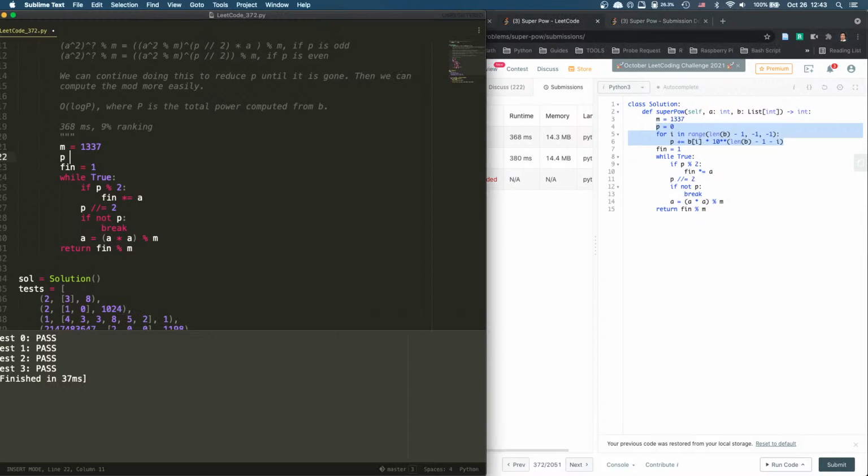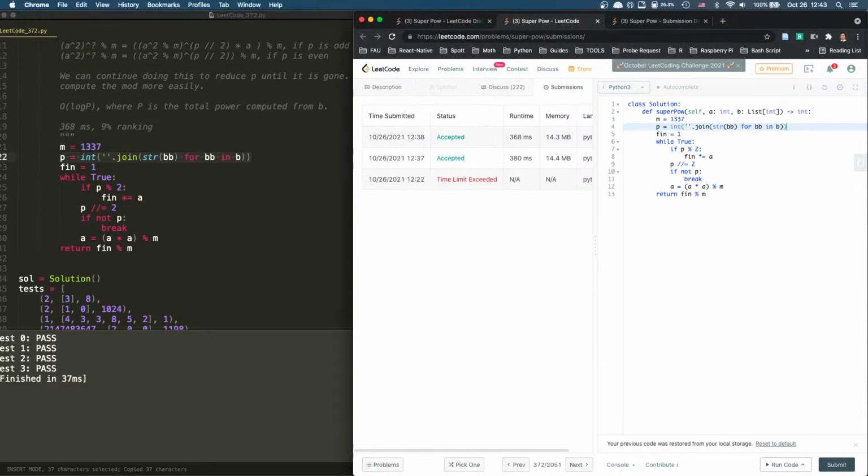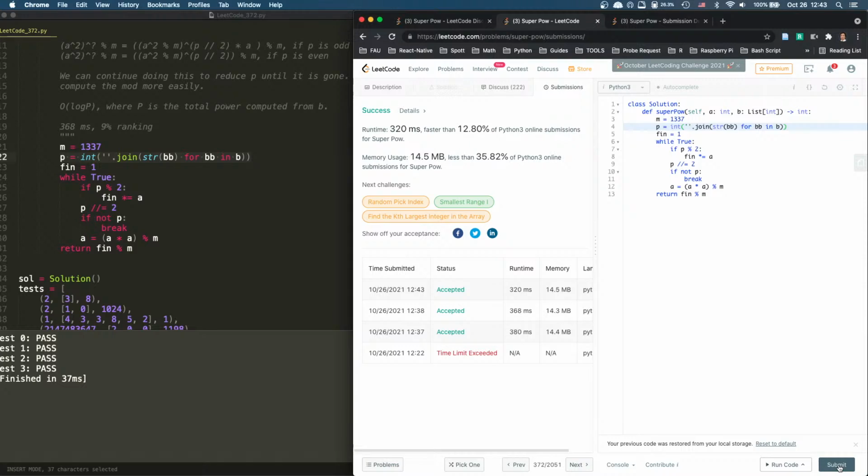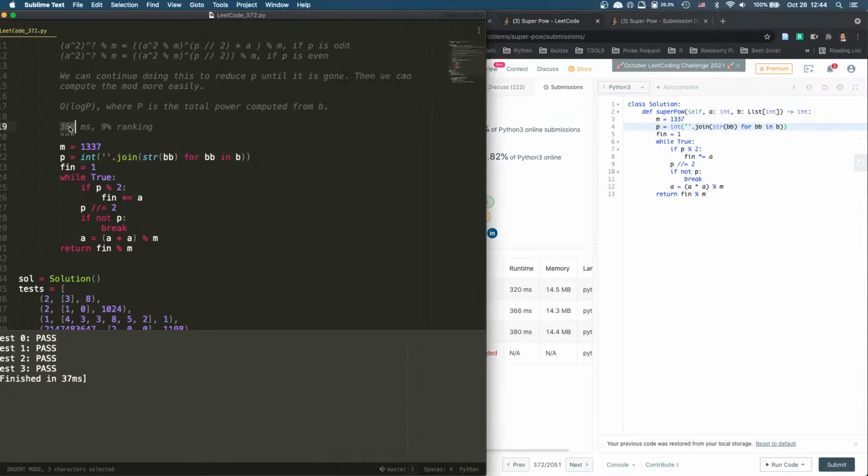Yeah, so P equals, I don't want to do it this way, but join str bb for bb in b. So maybe this one will make it a little bit faster. Try it again. Oh, I got to 320. Just gradually, I think I got like 12%.